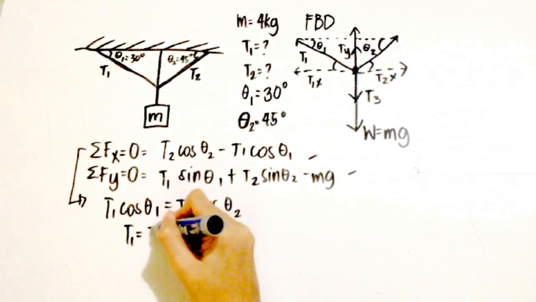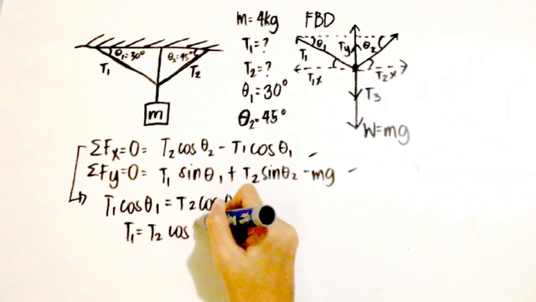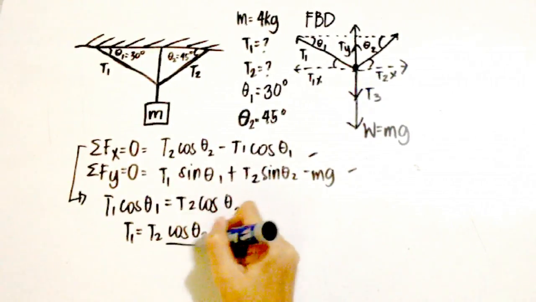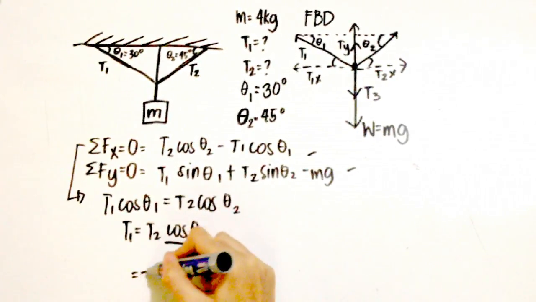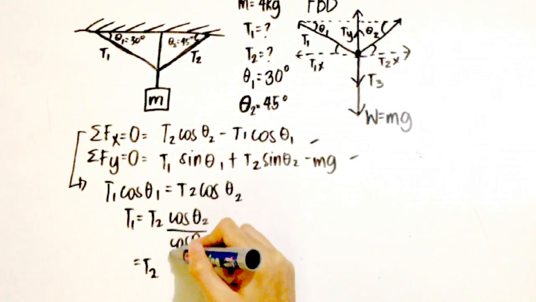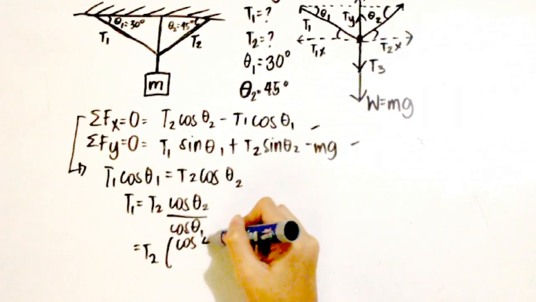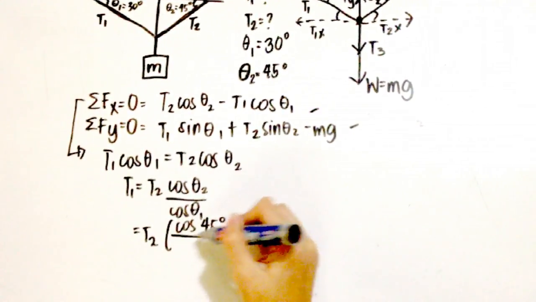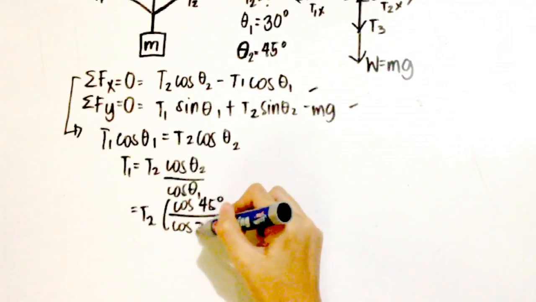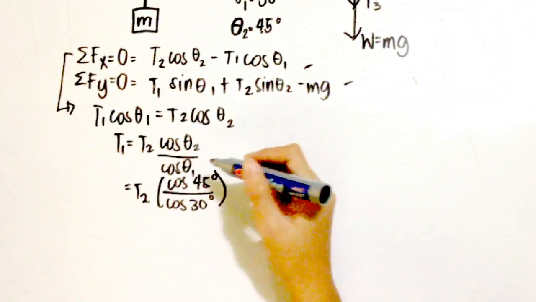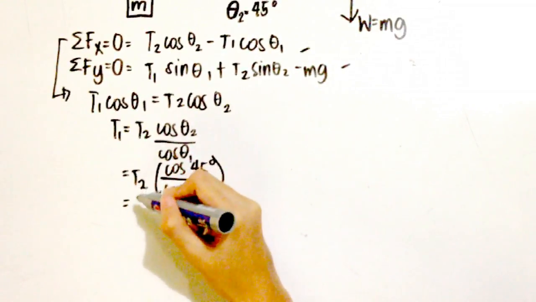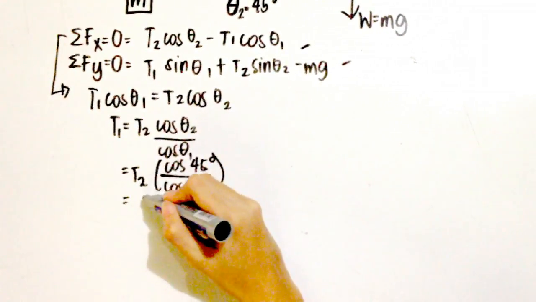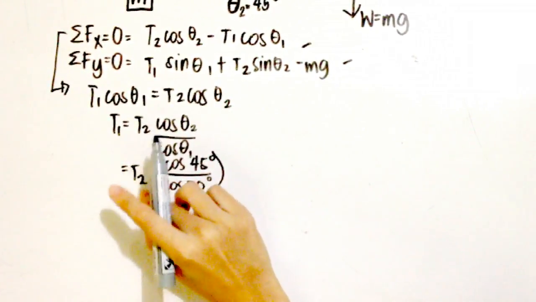So as you can see, the 0 is eliminated. Then t1 is equal to t2 times cosine theta 2 over cosine theta 1. So we now have t2 times cosine 45 degrees over cosine 30 degrees. So now let's compute cosine 45 degrees over cosine 30 degrees.